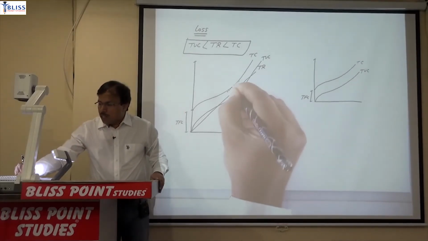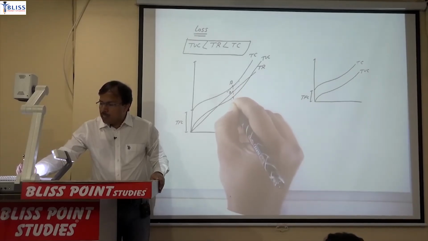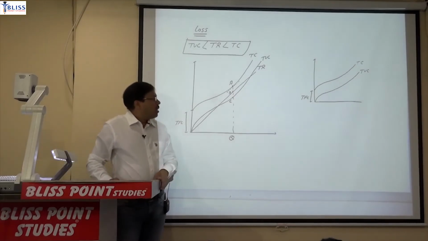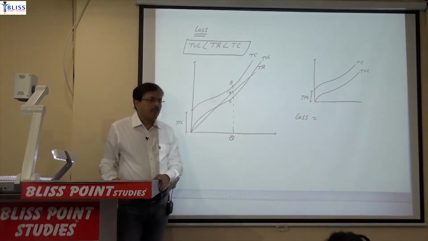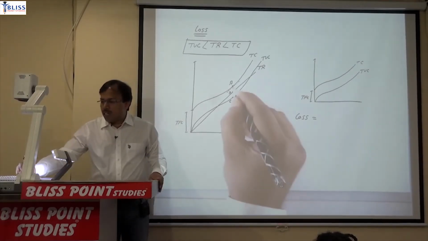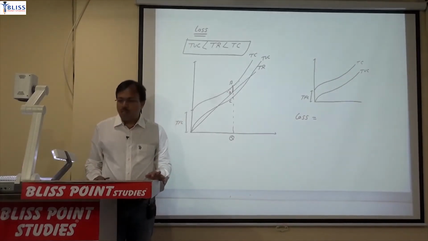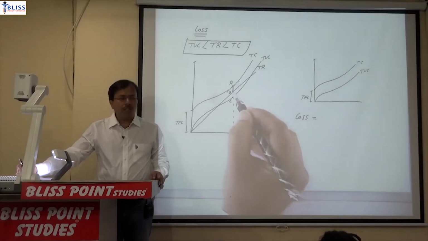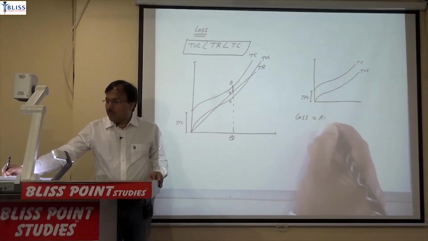So if I mark this as point A, this as point B, and this point as C, then how much is loss in the graph? Which distance is loss? Loss is this distance AB. Loss will be TR minus TC, so loss will be AB.